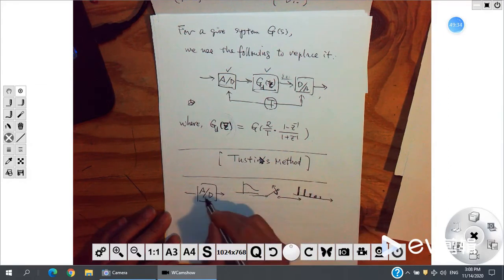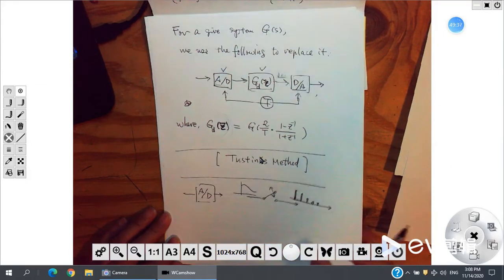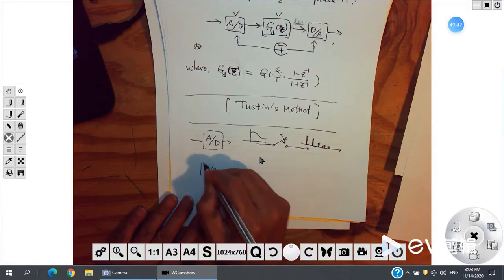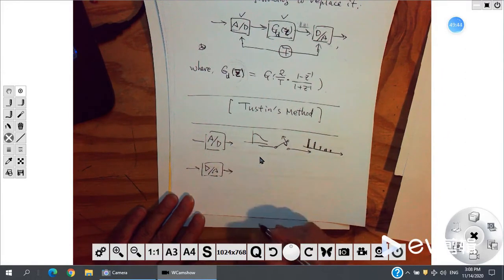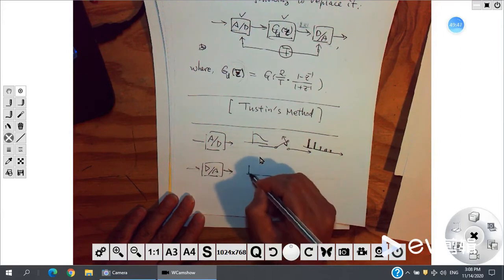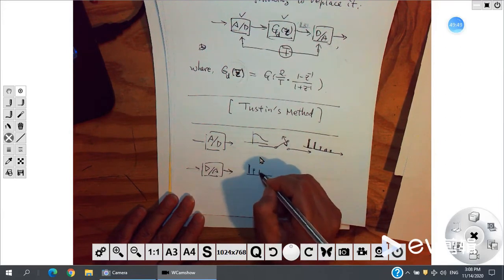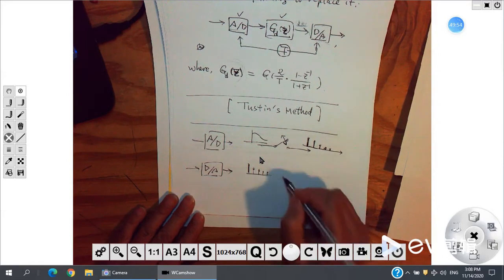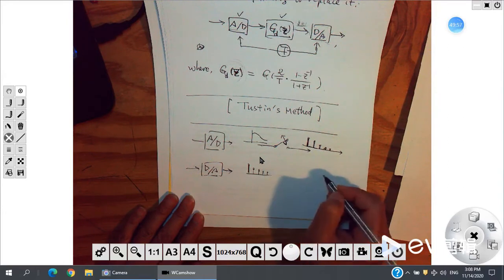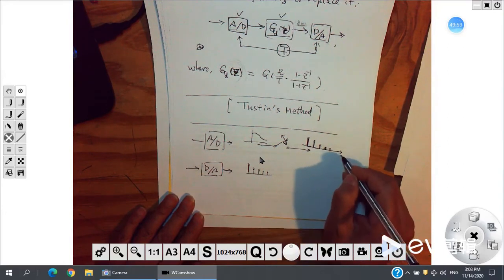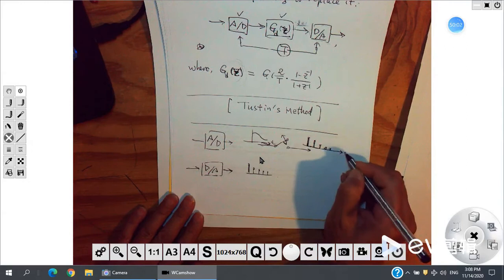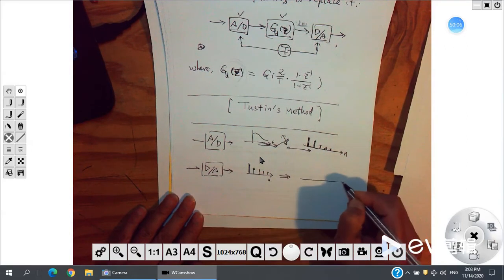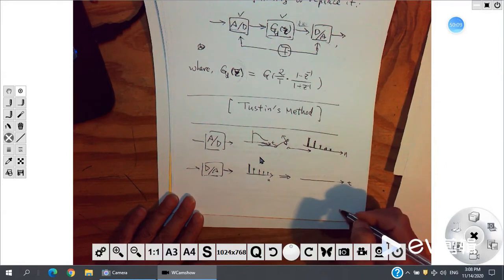So this is AD. Then for DA, now you have a sequence of values, you only have these values, a sequence of points. Then you want to go to the other side, to have a continuous time signal. This is T, this is N. Now how to get it?